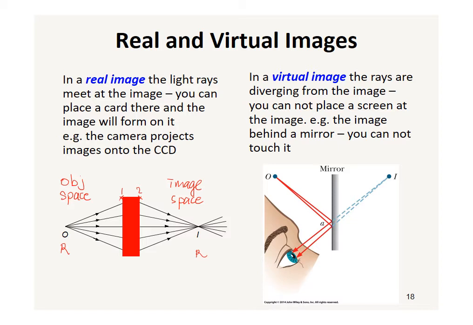For instance, a virtual image can be formed on the left-hand side, be it by a mirror or a magnifying glass, but you can't actually put a screen at that location. And similarly, we can actually put a virtual object on the right-hand side of V1.